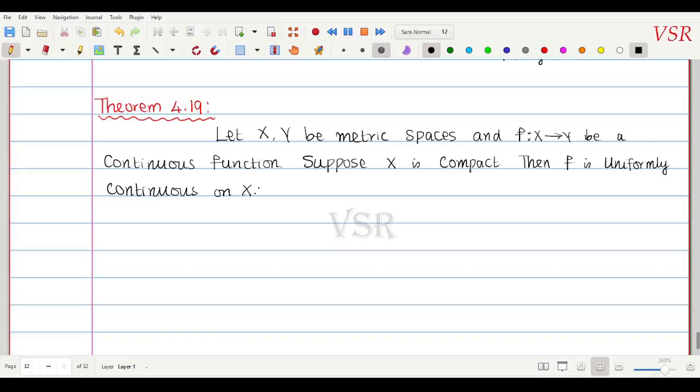Is it okay? Domain compact and the function continuous will imply uniformly continuous.